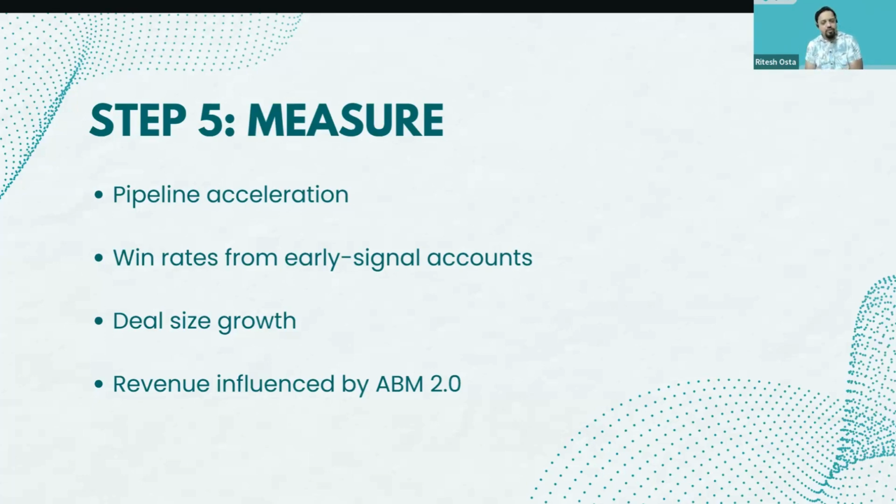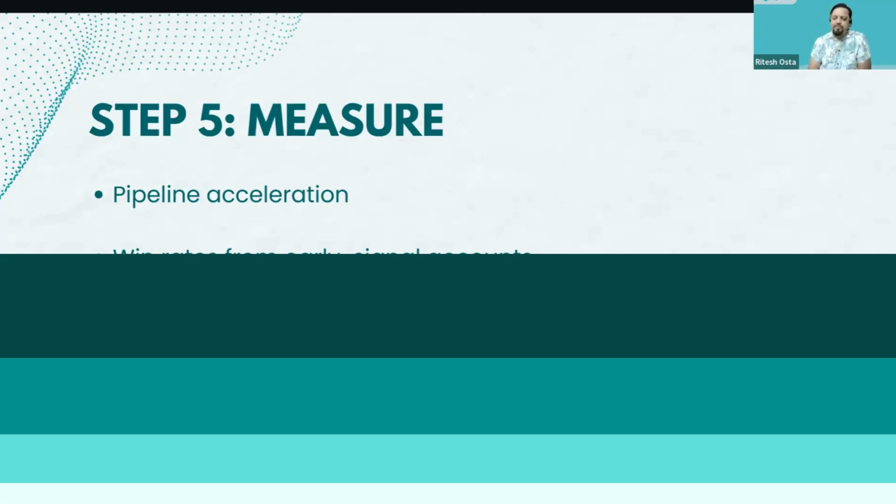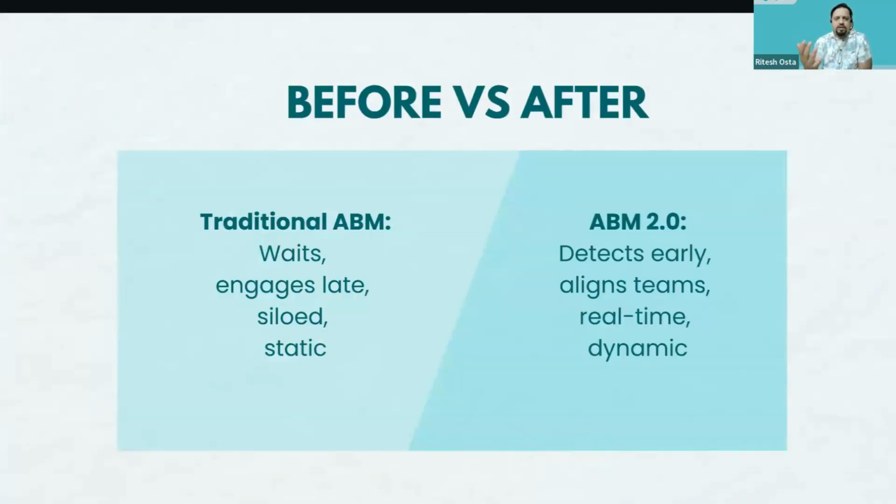Is the revenue being influenced by ABM 2.0 in a 3 to 6 months or 8 months timeline? So set up those timelines and see whether there is an actual influence in the goals that you are setting, right? That's super important so that you can continuously optimize, measure, and create more efficient processes, right? So this is something which needs to be in place.